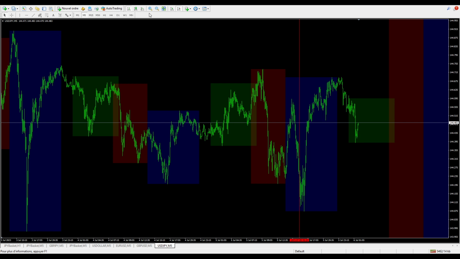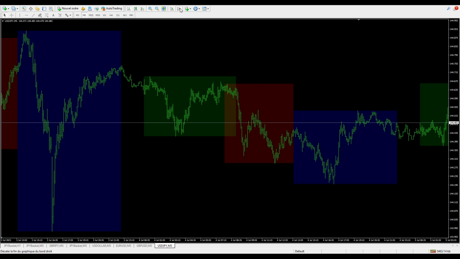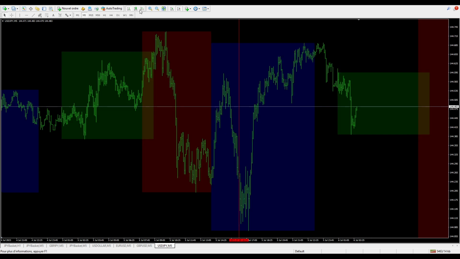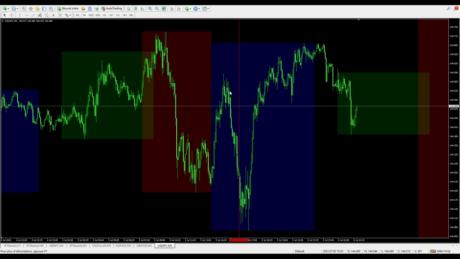Okay. So I was also expecting the dollar to go high against GPY, sorry. So at this price here, I was looking for the USD to go up.